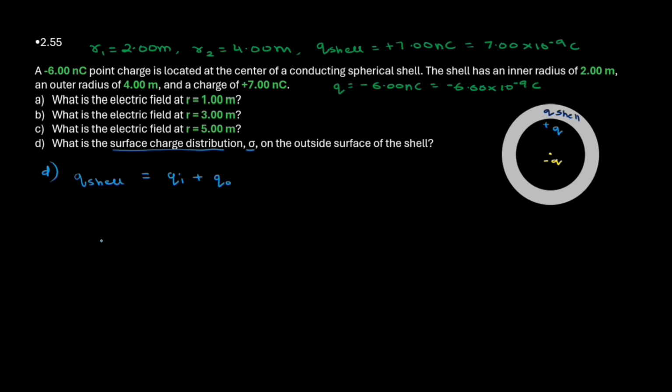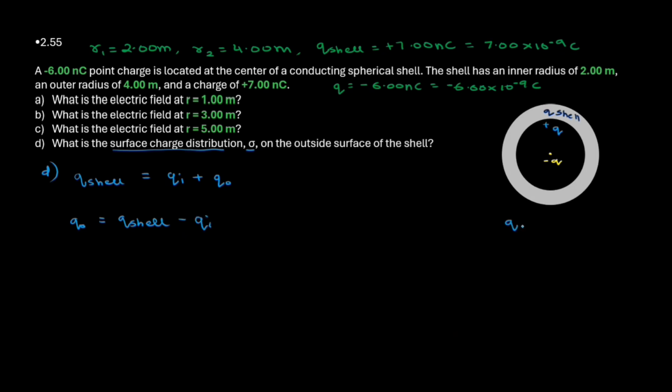So if I want to find the charge distribution on the outer surface, I need to calculate what is the charge on the outer surface, which is Qo. So we can rearrange this term to write Qo as charge on the shell minus charge on the inner surface of the shell.